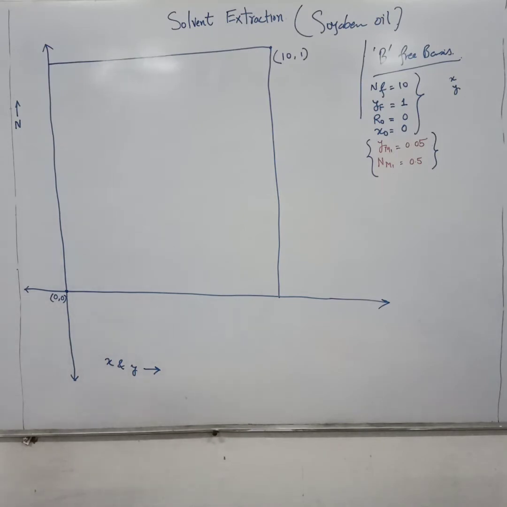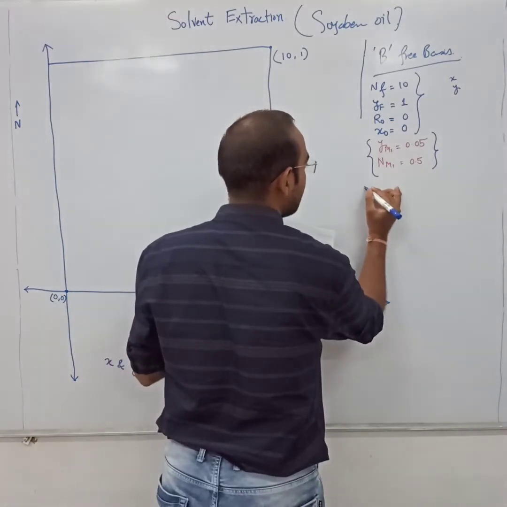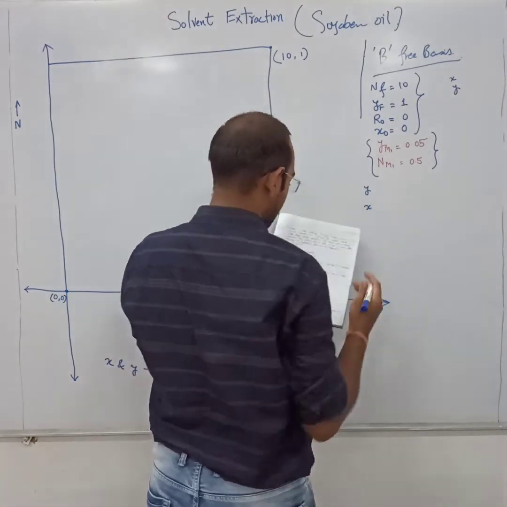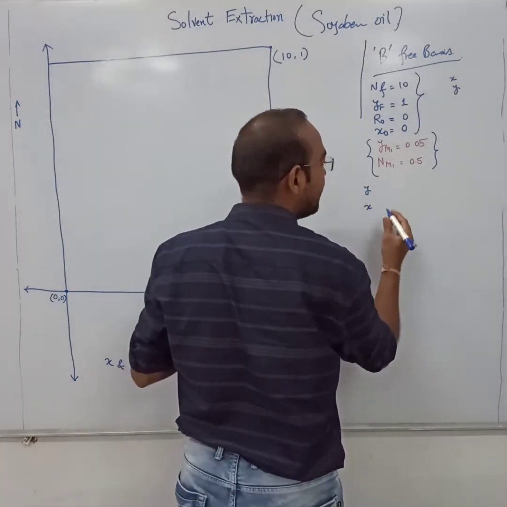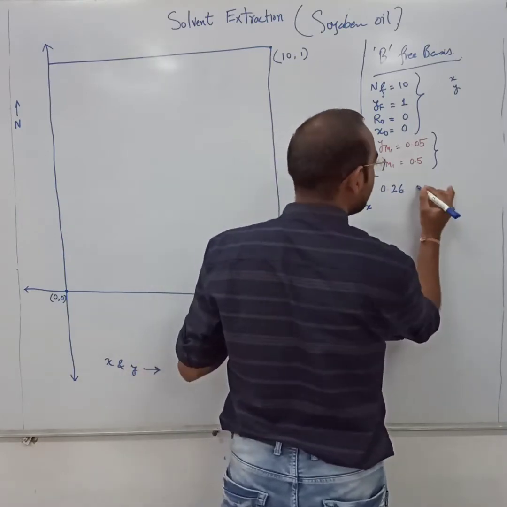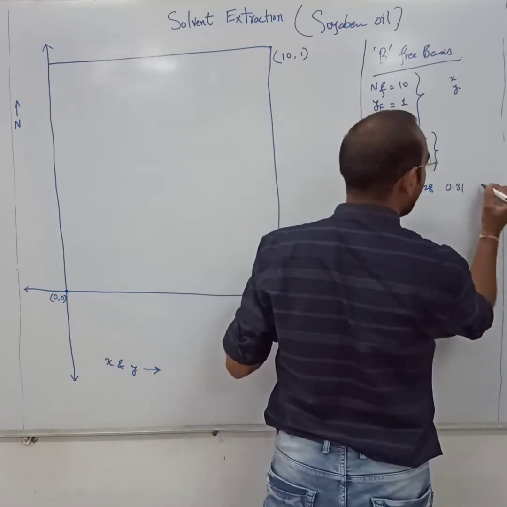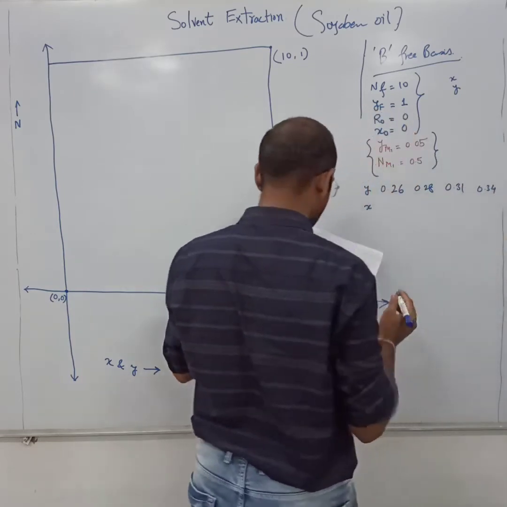So the data of x and y given is: small y, that is tie line data, which is already present in the numerical, 0.26, 0.28, 0.31 and 0.34. These are the 4 different values.